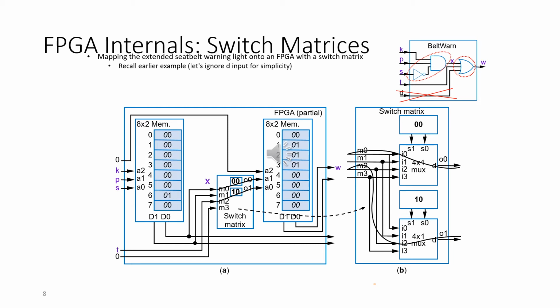Then we require two other inputs, one X and one T. T is directed to the second LUT by connecting it to M2, so 1 0 is given to the switch matrix. In this way, X and T are directed to the second LUT's inputs and A2 is given 0. So the D0 is used over here. Both the D0 columns are used over here, which will implement W.